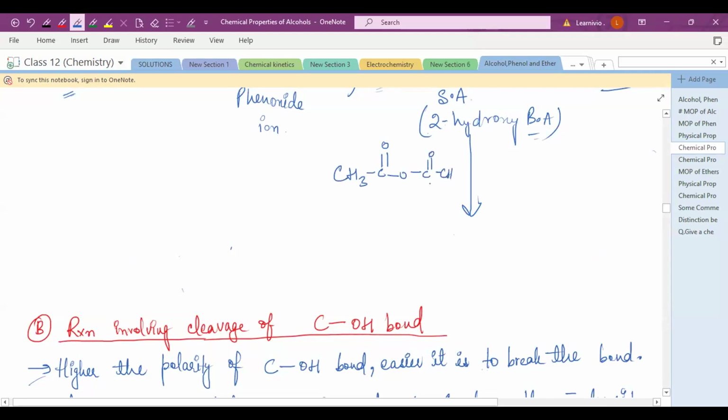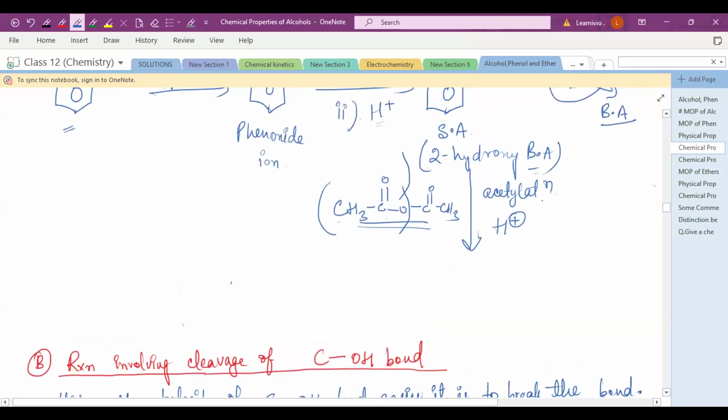That is your acetic anhydride. So you are doing the acetylation of salicylic acid, basically, and you are also giving the H plus ion. Once you give this acetyl group, the CH3COO group will come and attach on the position of the OH group.